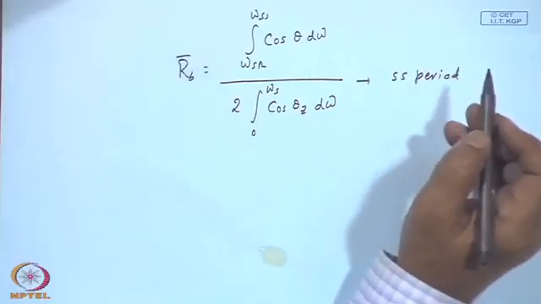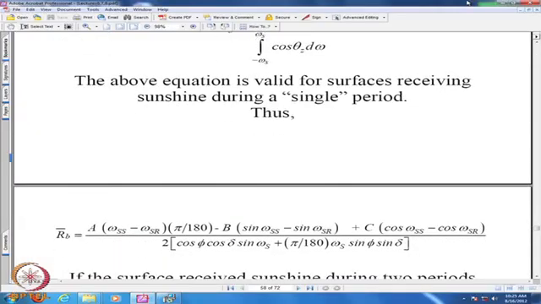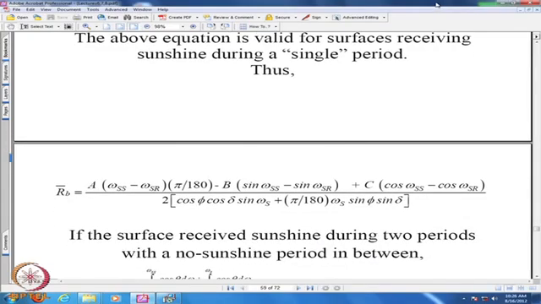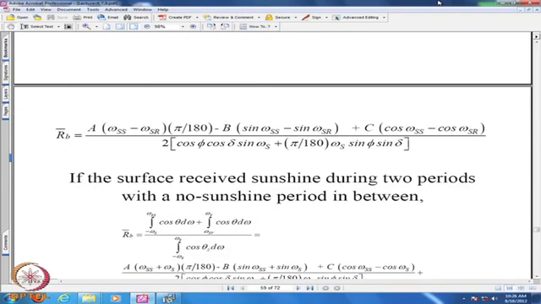At that point of time, we did not have this wisdom of how do you distinguish between single sunshine period and double sunshine period, and we generally assumed it will be from sunrise to sunset, apparent or otherwise. So, if you integrate it under terrestrial extraterrestrial conditions, this is what you will have, that a into omega s s minus omega s r, and I emphasized with pi by 180, if you use omega s s and omega s r in degrees, it should be converted to radians.